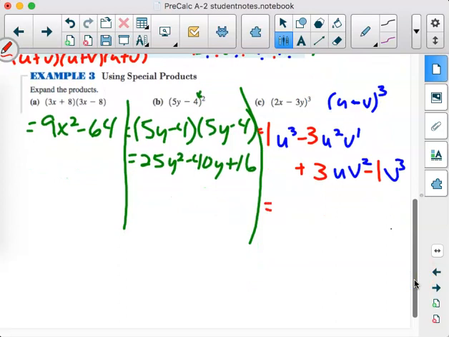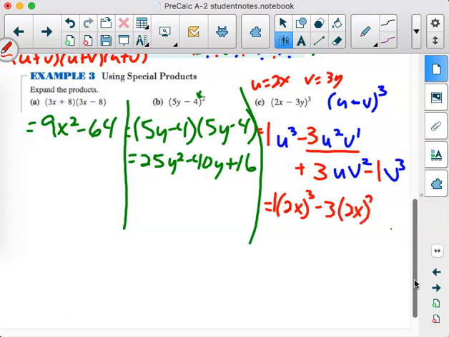So with this one, what I want to do is realize that my u is 2x, and my v is 3y. I don't need to worry about the signs. The signs are taken care of with the formula. So this will be 2x, the quantity cubed, and then I go to the next position, and I'll put the 1 out there, I don't want anybody to lose that, minus 3, and then I need 2x, the quantity squared, and I need a 3y, because that's v to the first.